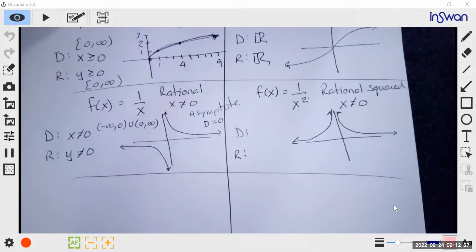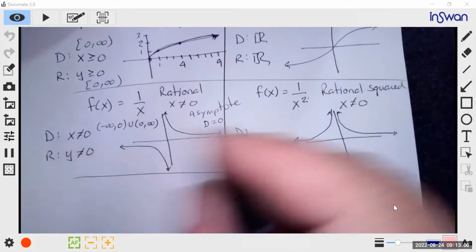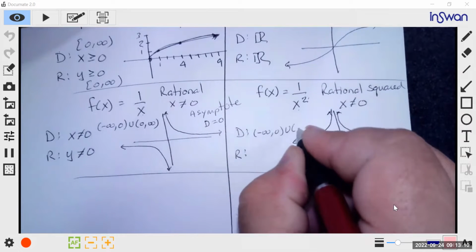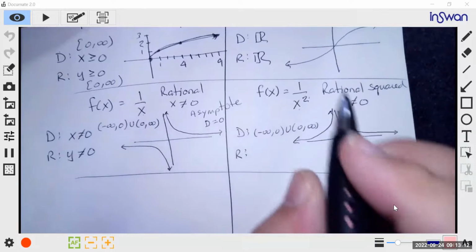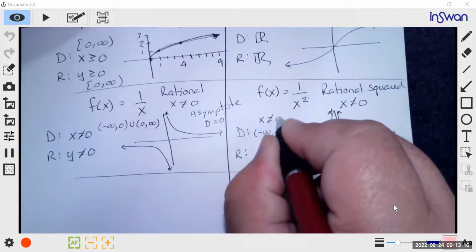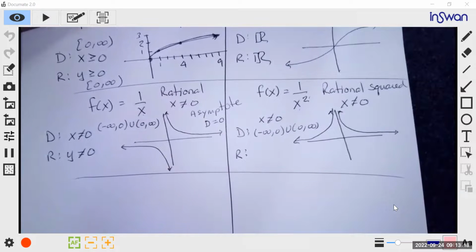What's the domain? Negative infinity to 0, union 0 to infinity. Yes. Very good. Or x just can't equal 0. Right. Both of them work. Very good. How about the range?